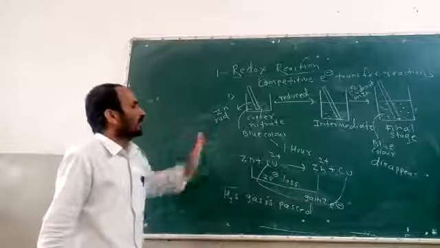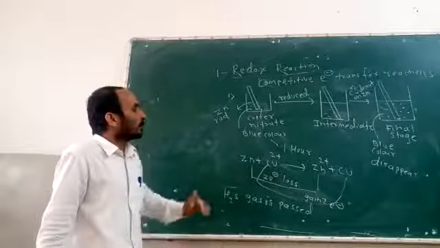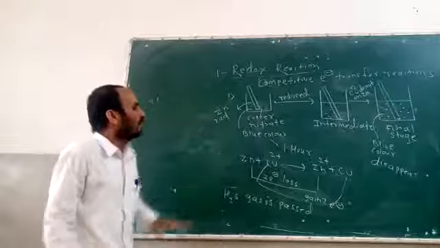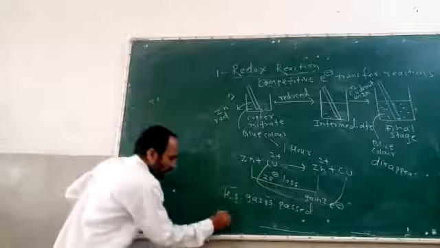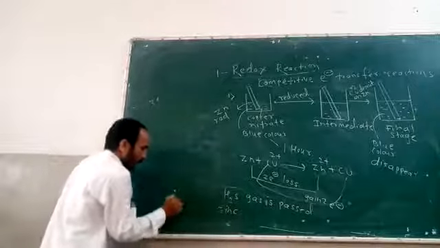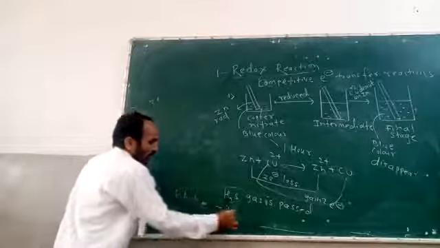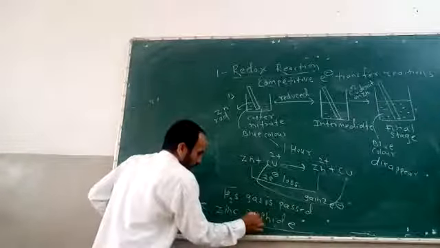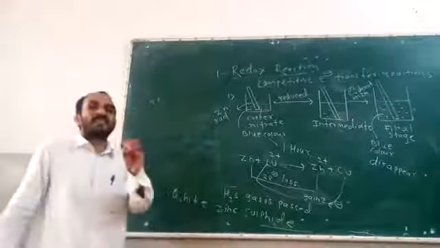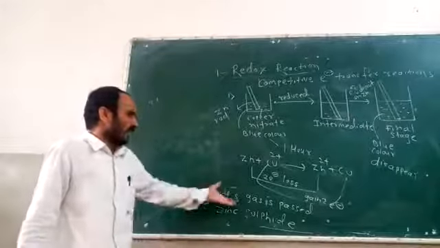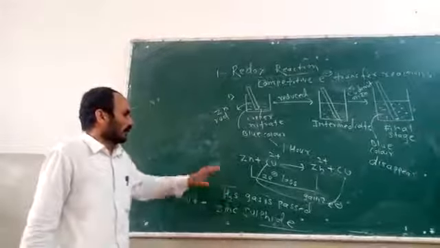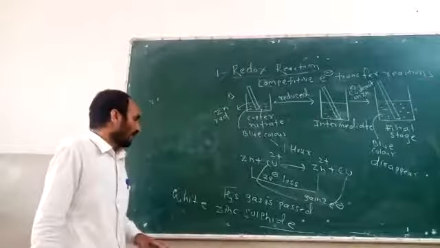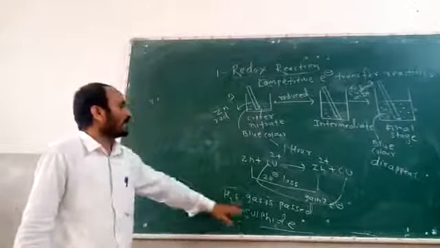The colorless solution containing Zn2+ ions gives the appearance of white zinc sulfide. H2S gas means hydrogen sulfide gas. By passing it through the final stage solution, it gives white zinc sulfide.